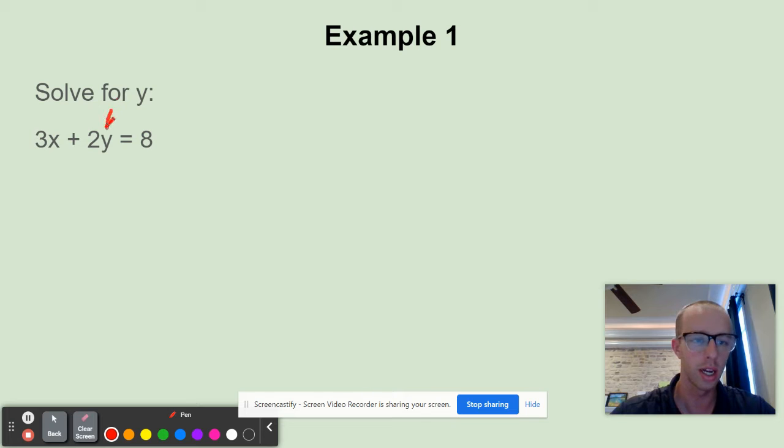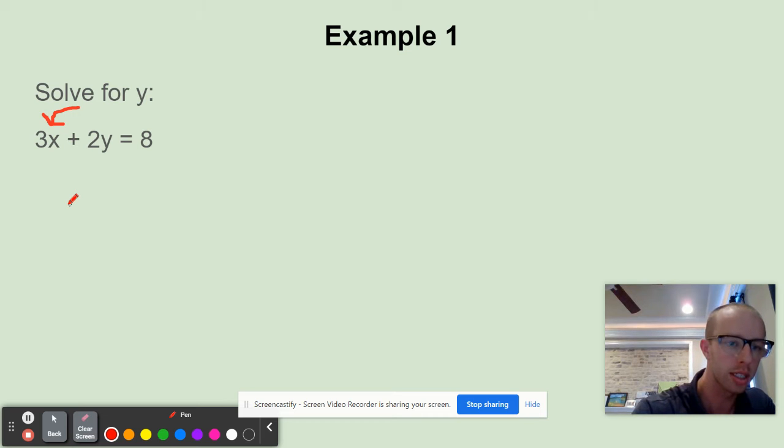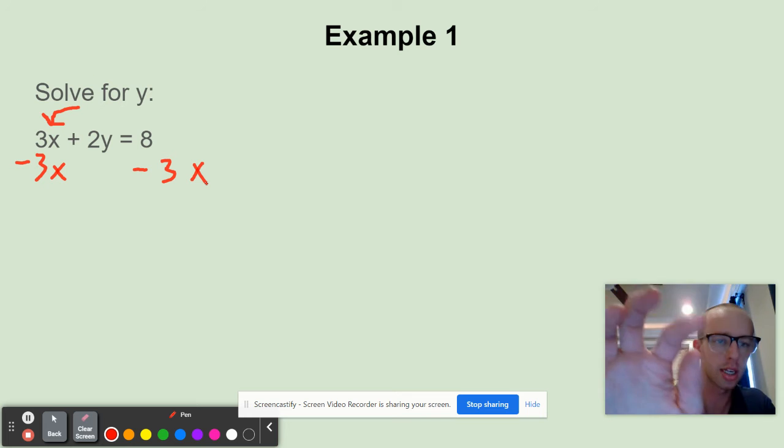So the goal here, just like when I solve for any variable, is to isolate that variable, get it by itself. My first step is to get rid of any addition or subtraction. I have a positive 3x here. To get rid of a positive 3x, I do a negative 3x. Subtract 3x from each side.